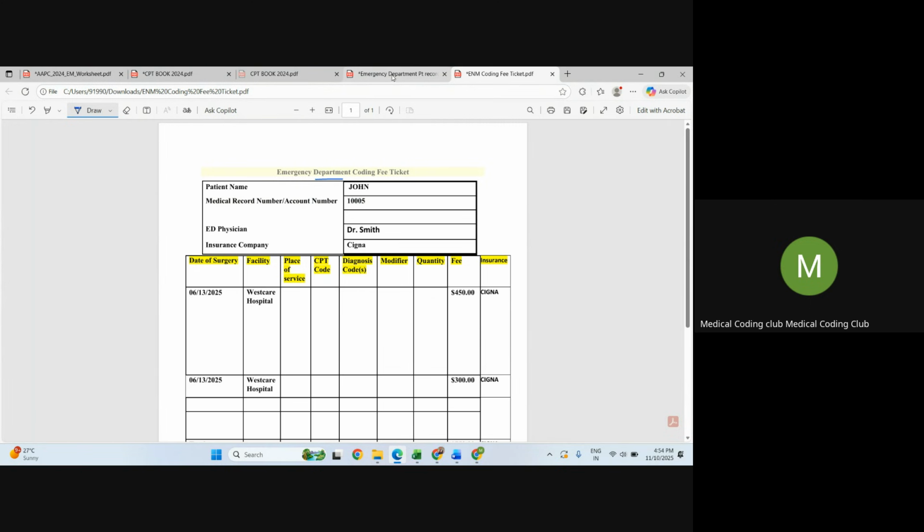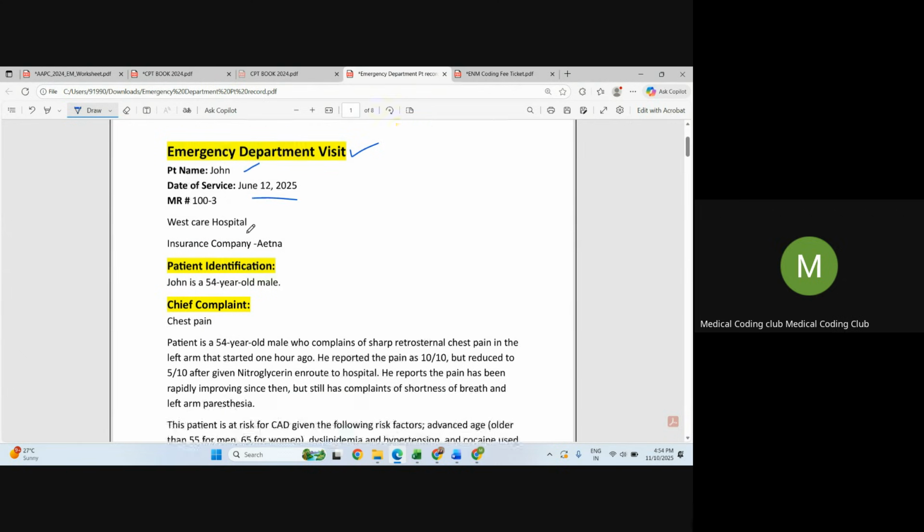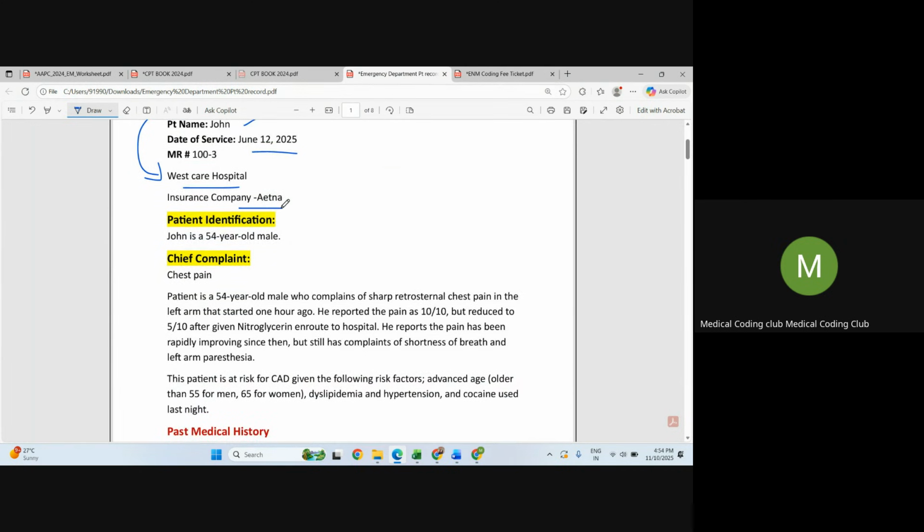Coming back to the report, you can see it's an emergency department visit. Patient name is John, the date of service is given, and this ED is in Westcare Hospital. The insurance company is Aetna.